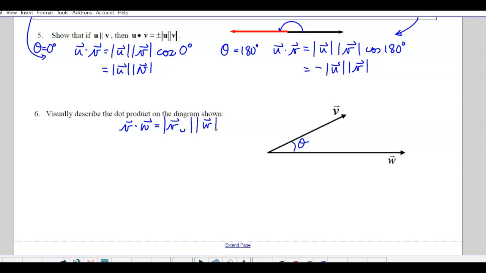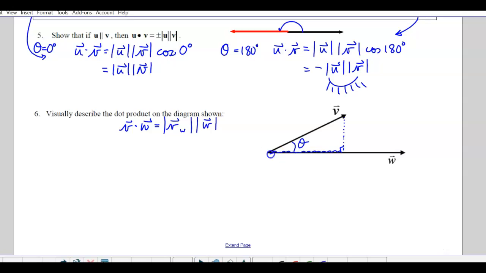It's basically the component of this vector onto this one. It may not be horizontal depending on its location, but think about it as if you have a big lamp up here shining down directly perpendicular onto another vector w, right? So it's forming a triangle here, and this is the shadow of v onto w.